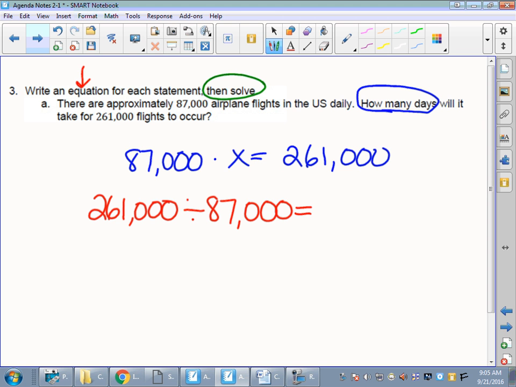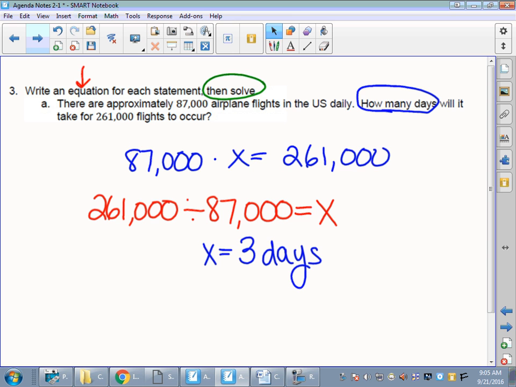Well, if we don't know what it's going to be equal to, we just make it an x, and now we can do the division, and that'll tell us how many days it'll take for 261,000 flights to occur. Grab your calculators, do a little math. It should come out to a nice, neat number. I think it's going to take 3 days. Check my math. I do mess up on those.